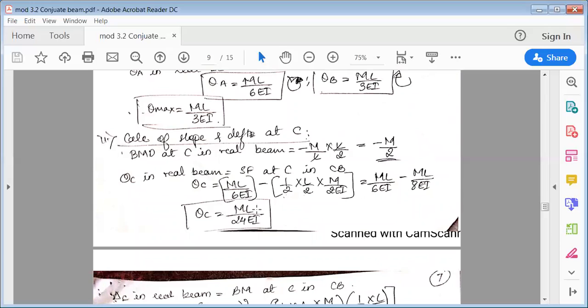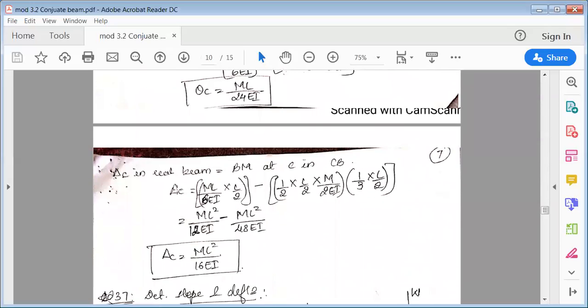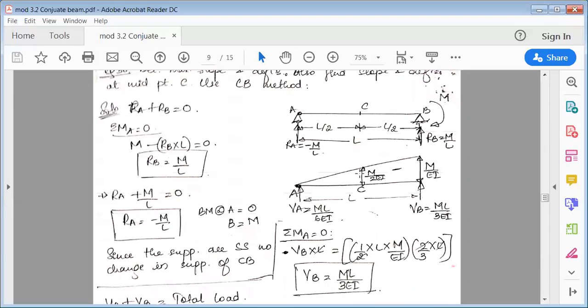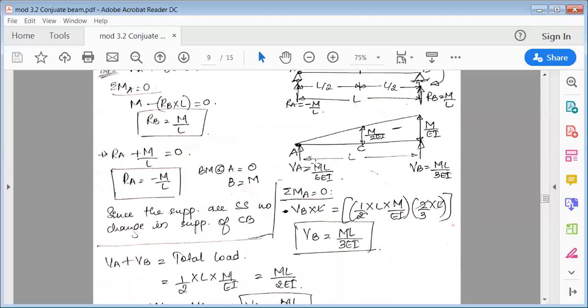Once you find theta C, next is delta C. Delta C in real beam is equal to bending moment at C in conjugate beam. Bending moment at C, again to the left side, there are two loads: VA into perpendicular distance, and this triangular load into its CG distance measured from C. VA into its perpendicular distance, which is L by 2.